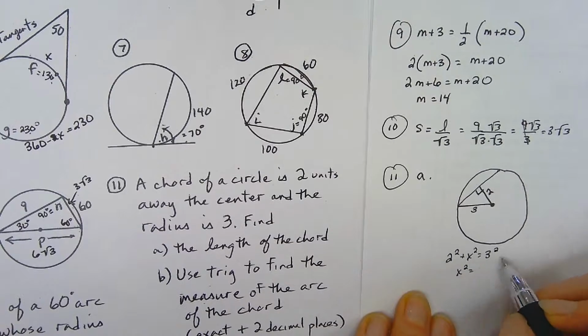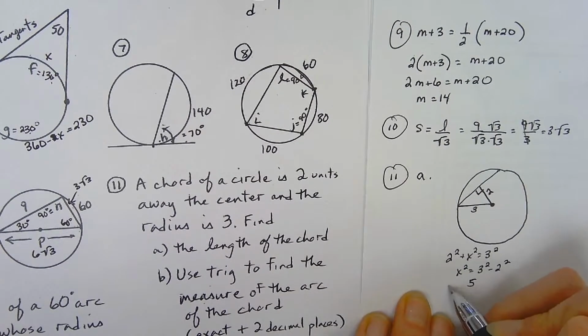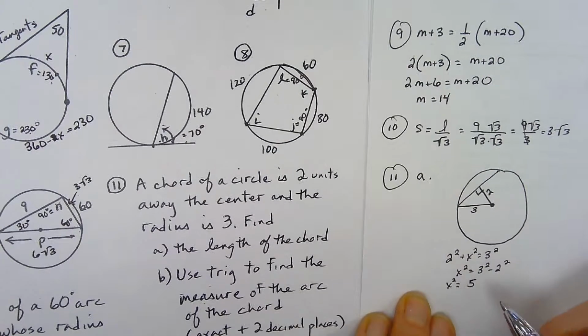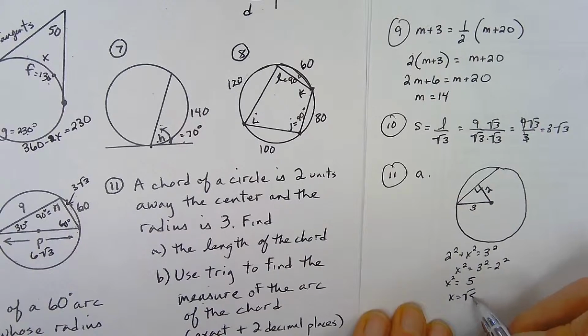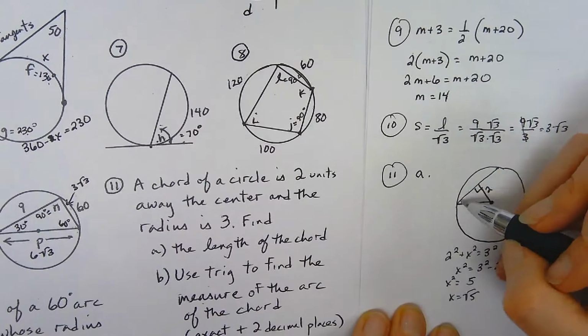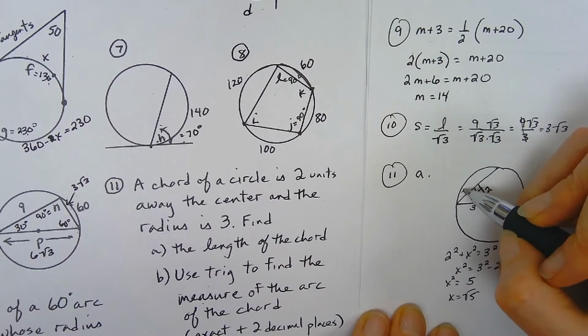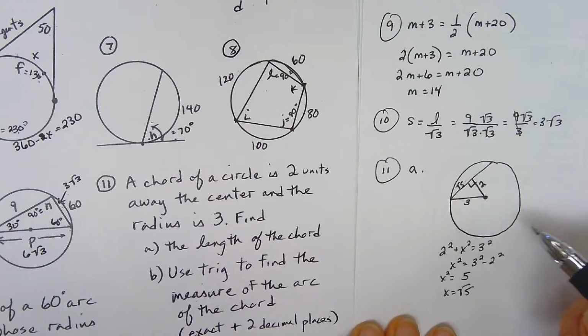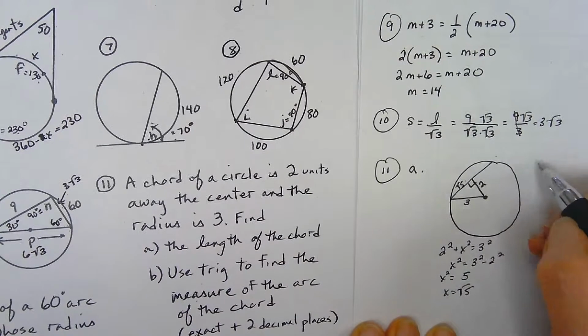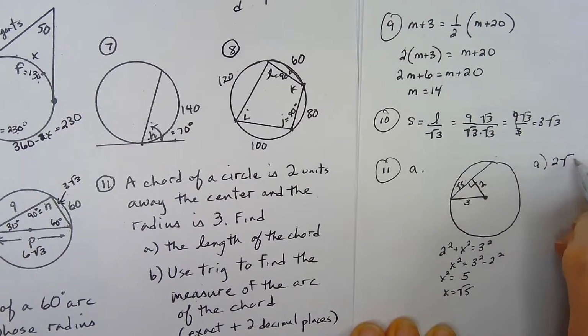X squared equals 3 squared minus 2 squared, that's 5. So x squared equals 5, which means that x equals the square root of 5. This little piece equals the square root of 5. If that little piece equals the square root of 5, then the whole chord is double that. So the whole chord is 2 square root of 5.